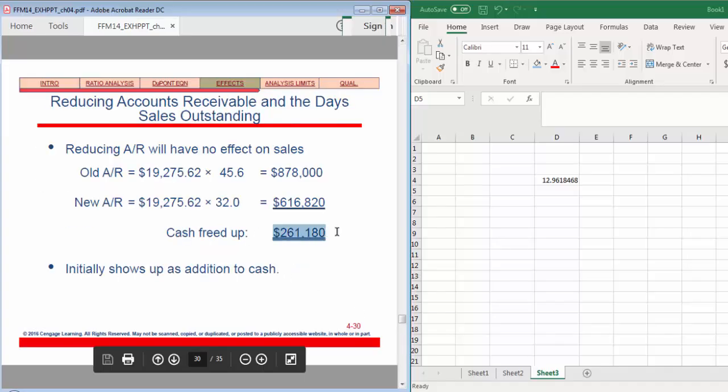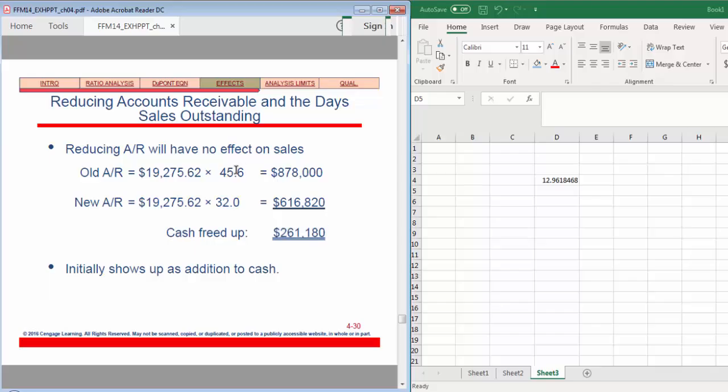Cash is freed up because we are converting our accounts receivable faster into cash. Earlier it was taking 45.6 days, now it's 32 days. So since we're getting the cash converted faster, we are now able to reduce our accounts receivable overall, and that is going to provide the critical 261,180 in cash. So initially it shows up as an addition to the cash.